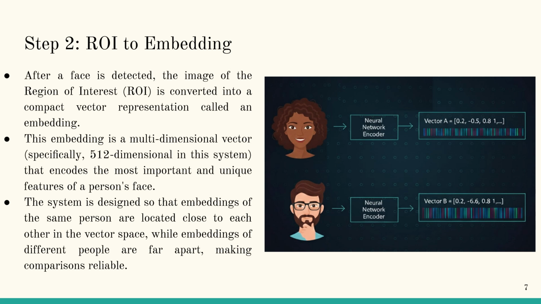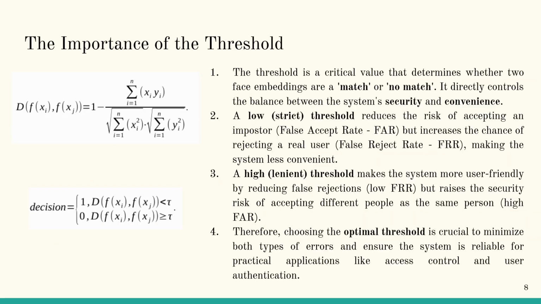ArcFace is a convolutional neural network for transforming images to vectors. In our case, it's specialized on human faces. For face identification or separation, we use a quite standard approach using the cosine metric and tau as the measure of discrimination, the threshold in other words.